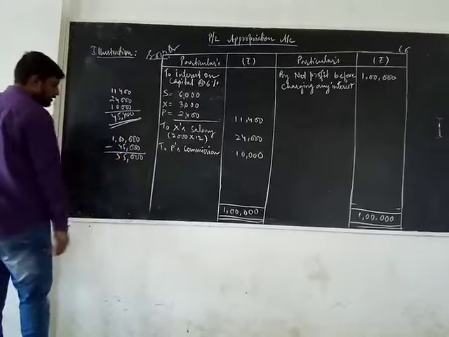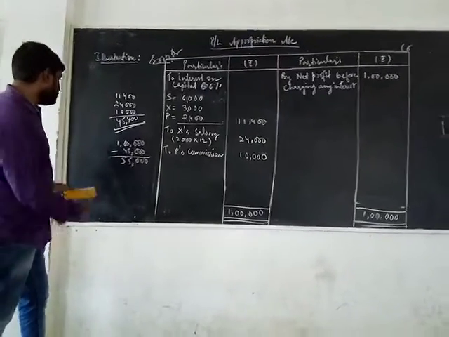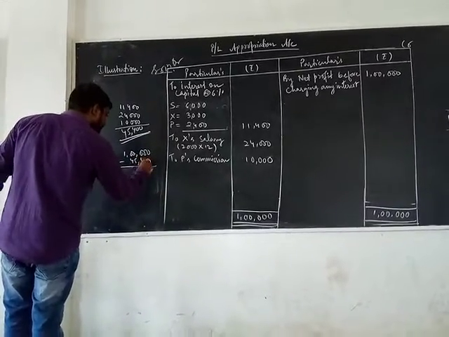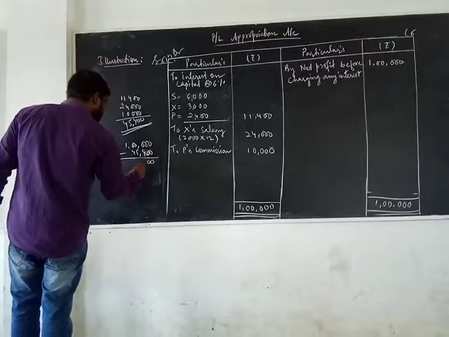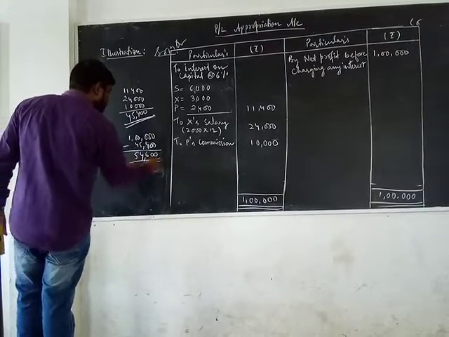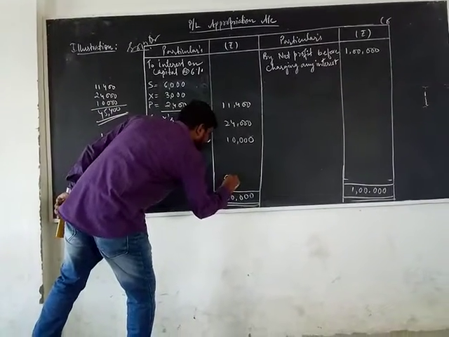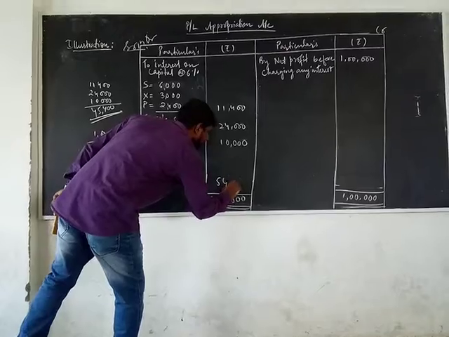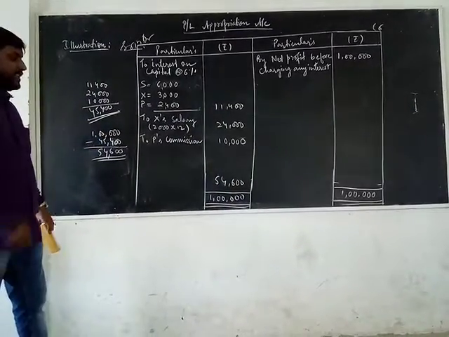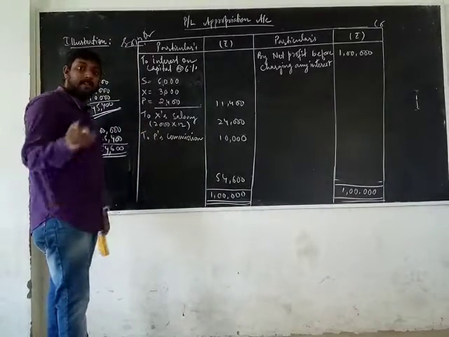So the balance figure is 54,600. Now this remaining 54,600 will be allocated or distributed to the individual partners' capital accounts.